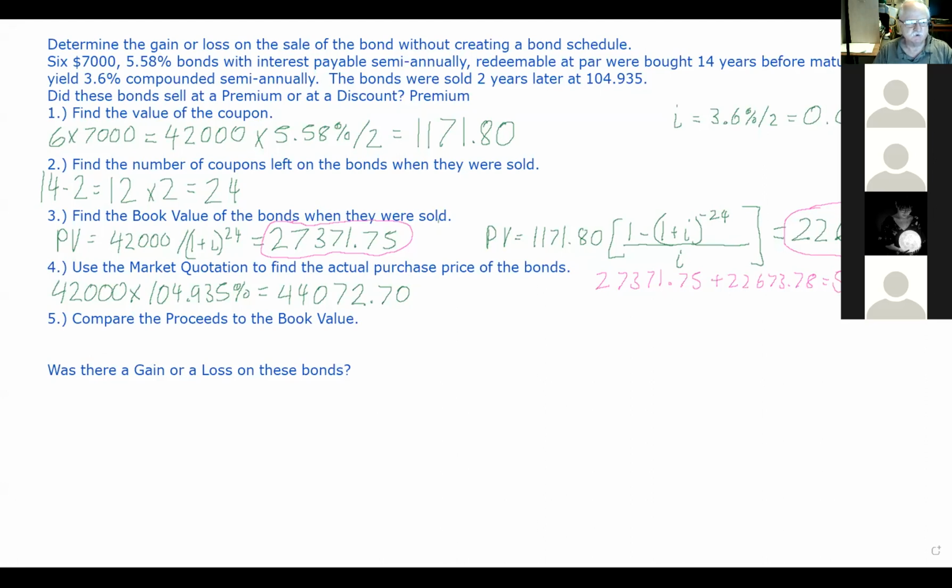So compare the proceeds to the book value. What we're doing here is we're taking this number here, 44072.70, minus this book value that we calculated, 50045.53.